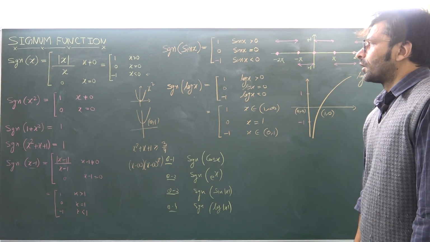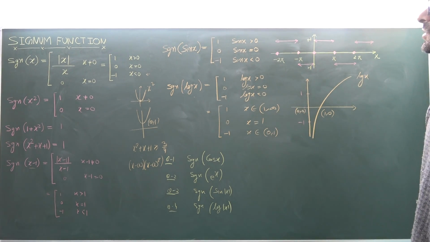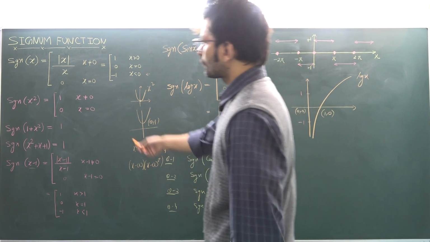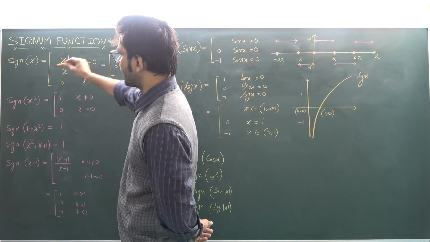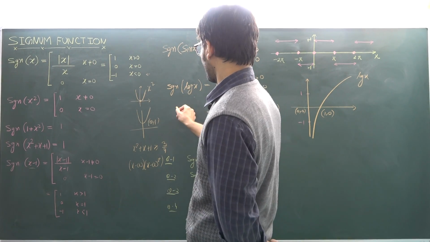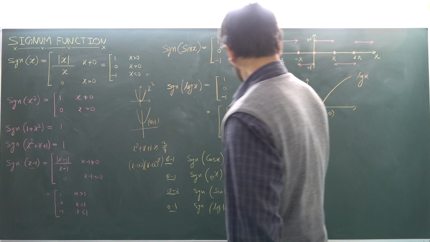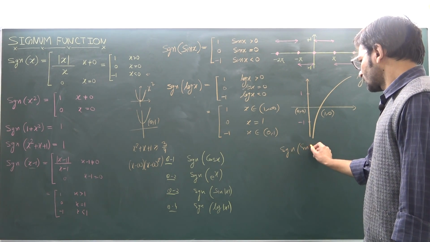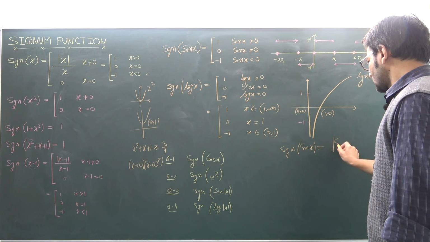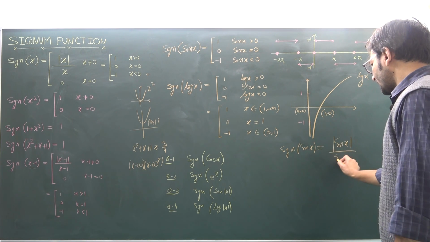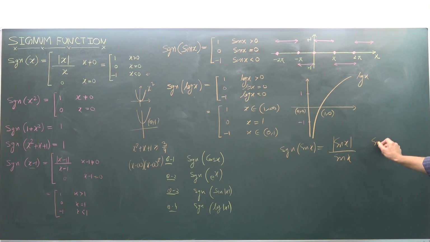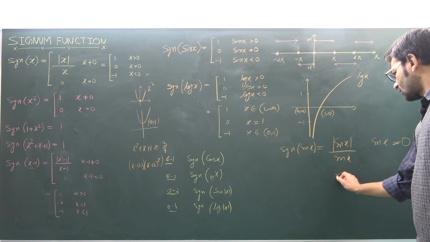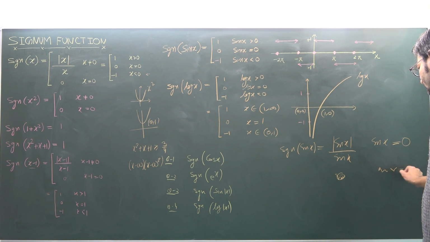Okay, good. Next part, Signum of sin x, which means mod of sin x divided by sin x. Signum of sin x is sin x divided by sin x when sin x is not 0, and 0 when sin x is 0.